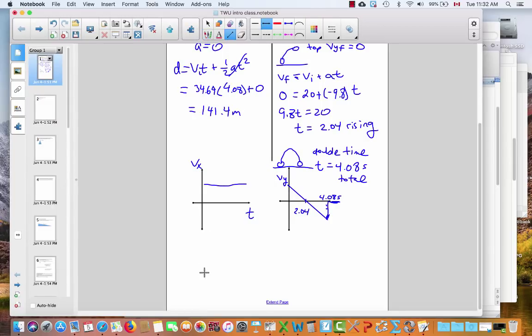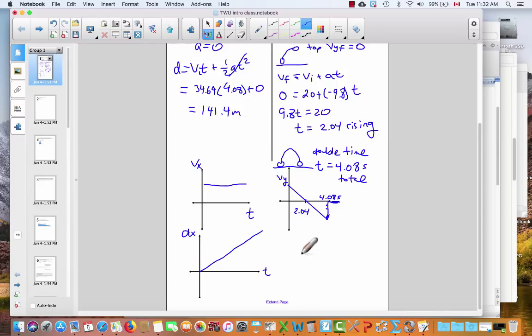For graphs of displacement versus time, well, in the x direction again, if we're graphing displacement, we know that, or we perhaps remember that velocity is the rate of change, or the slope of the displacement graph. Now, since the velocity is uniform, that means the displacement is just going to increase uniformly with time.